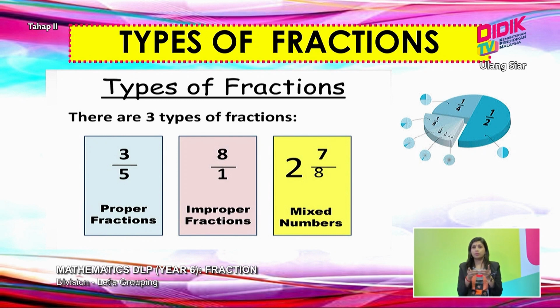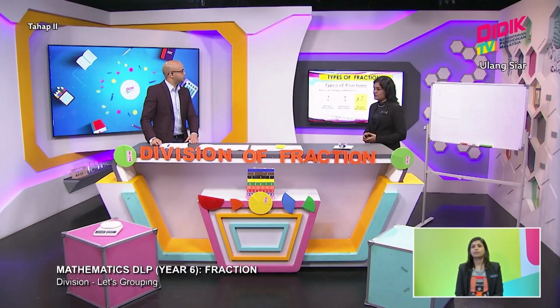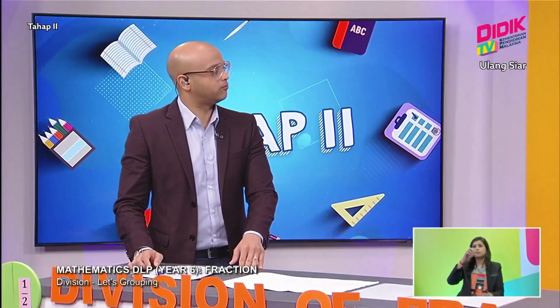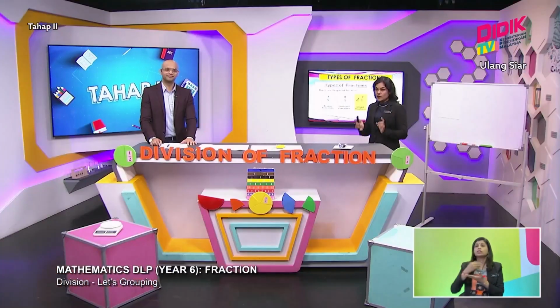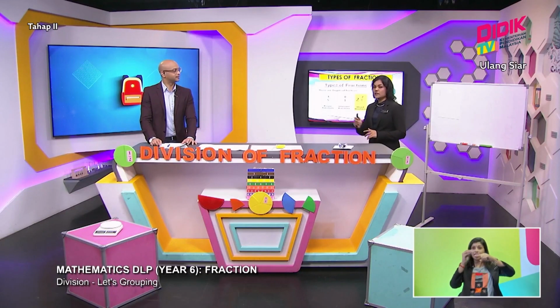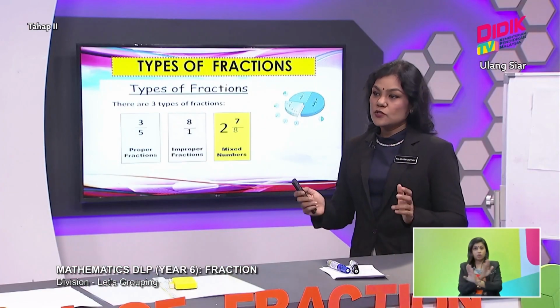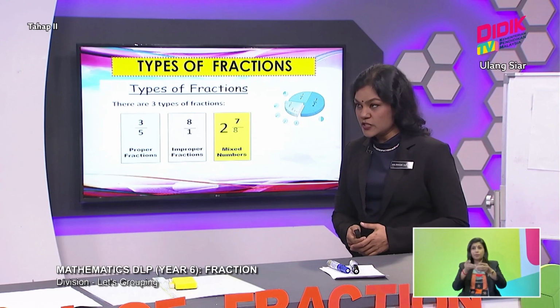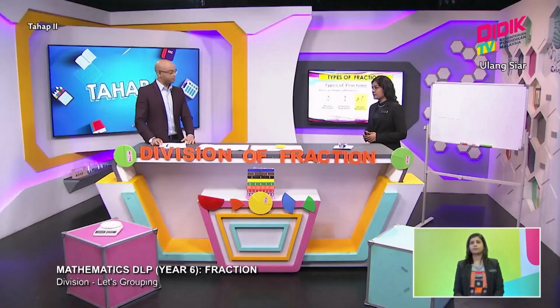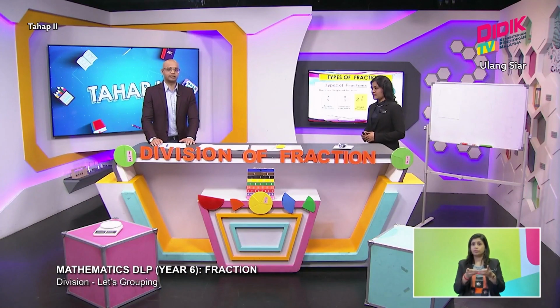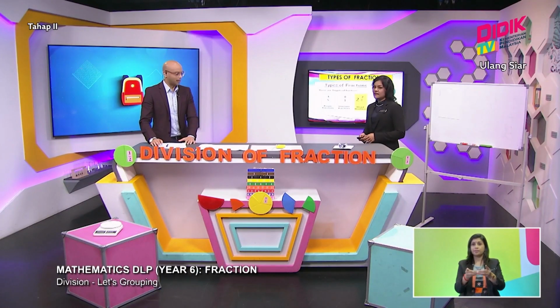Normally we shouldn't leave the answer as an improper fraction. You have to convert it into a mixed number. The third one is the mixed number. A mixed number looks like a combination of a whole number and a proper fraction. There shouldn't be an improper fraction. So the 3 types are proper fractions, improper fractions, and mixed numbers.